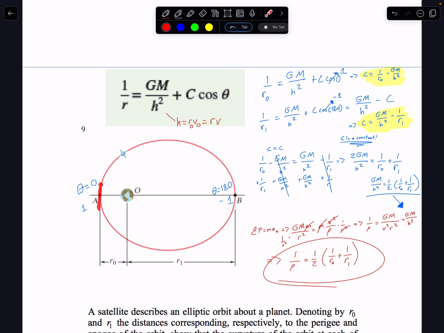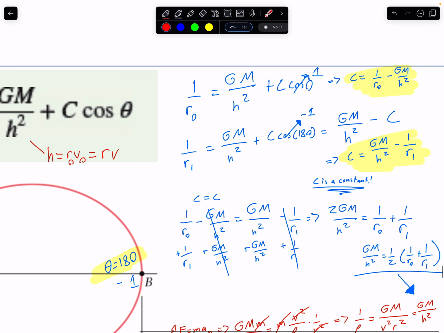R0 is the closest point, theta equals 0. That's a big part. And then the furthest point, theta equals 180. So we can use these, and we know that since C is constant no matter what, we can make the two equations equal each other.